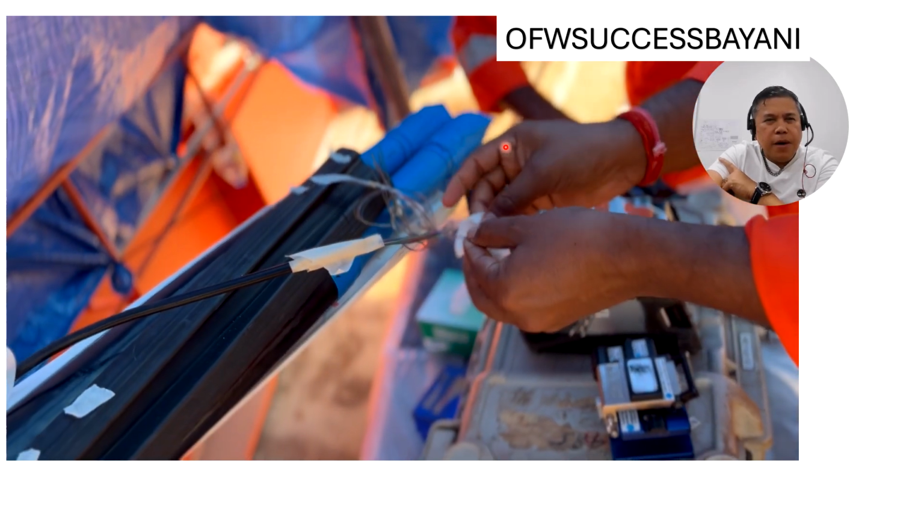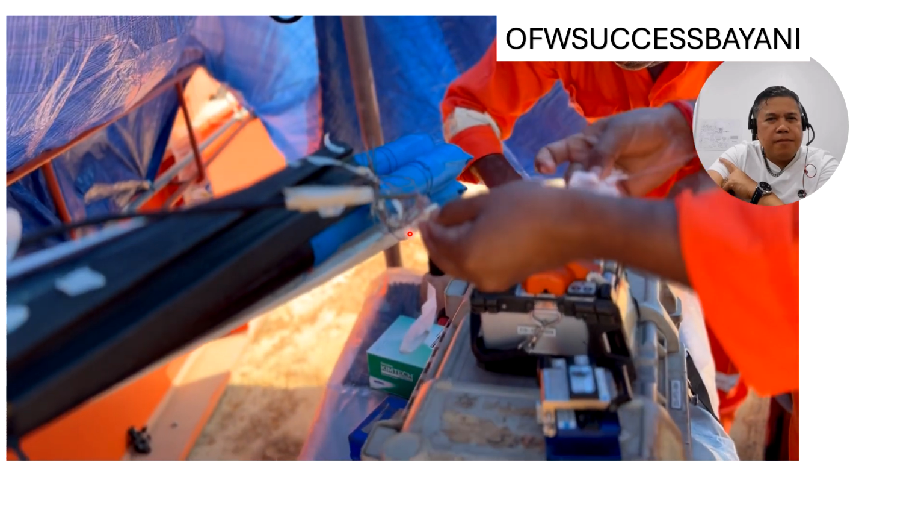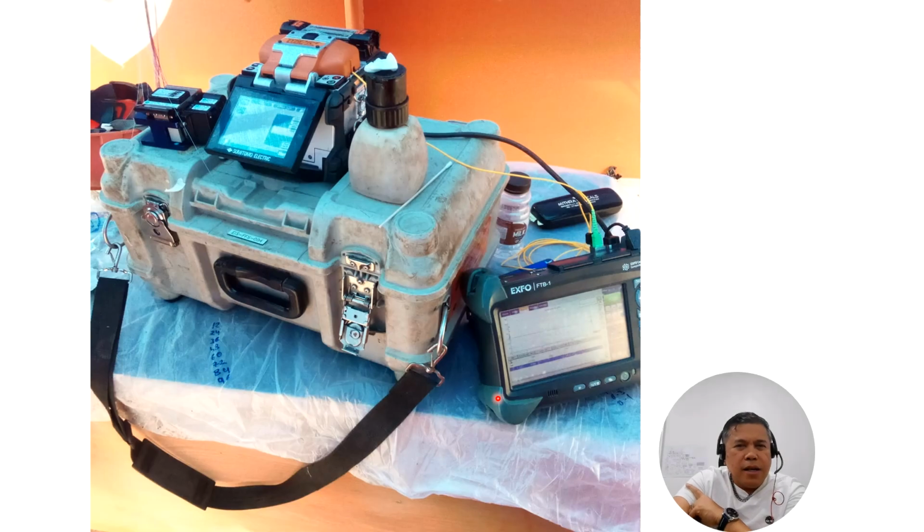So that is our fiber optic cable. Okay, that's the way how we do the testing. And then this is our test equipment. That is our OTDR, and this is a splicing kit. These are all the test devices that we need during our testing.